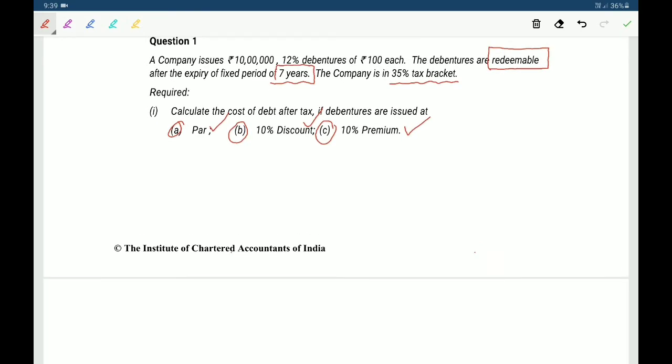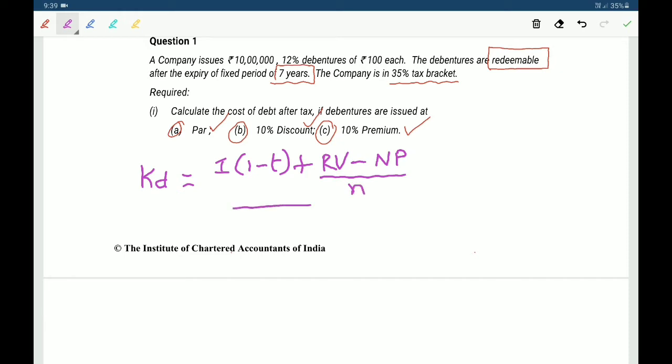What is the formula for cost of redeemable debentures? Cost of debt equals I, the interest rate, into 1 minus taxation, plus redemption value minus net proceeds, by n, the number of years, whole by redemption value plus net proceeds by 2.